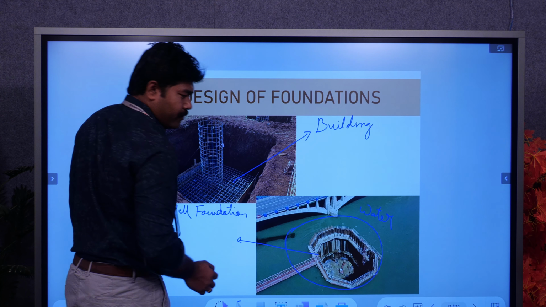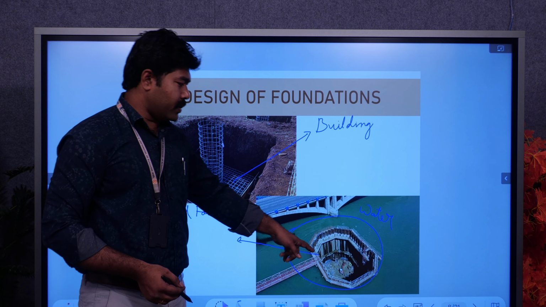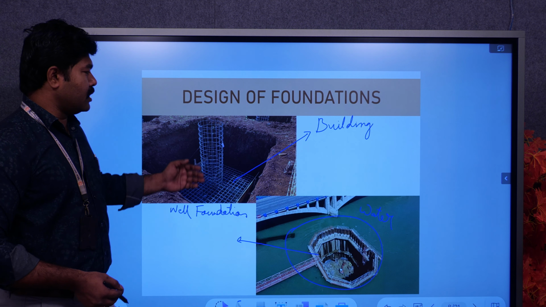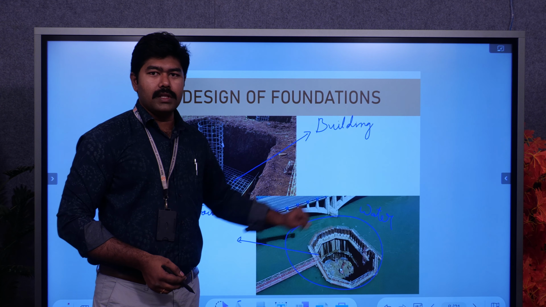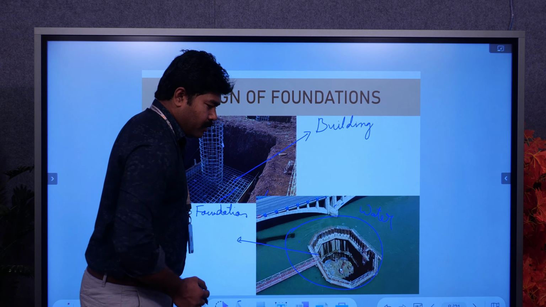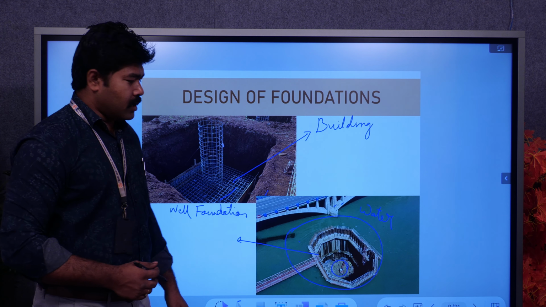Whenever we need to construct structures like bridges, there we need to construct the well foundation. It is a special type of foundation, unlike normal foundations, where we need to work within the water. The work area is surrounded by water, if you see here.